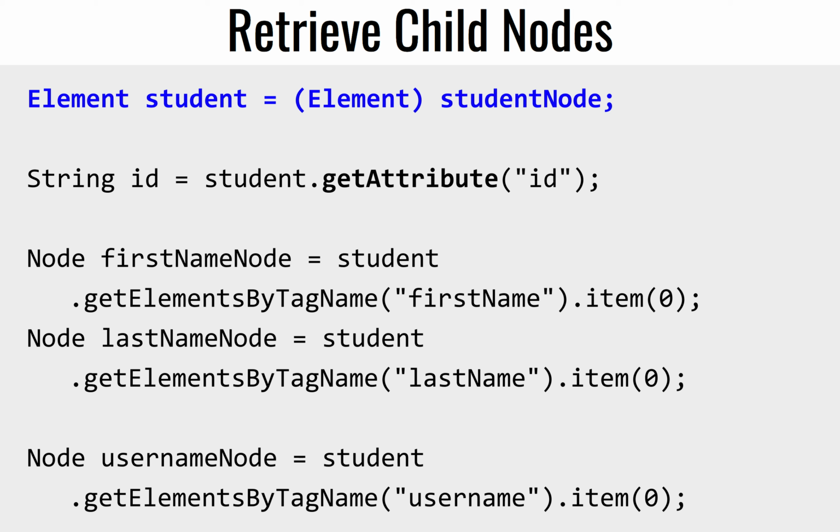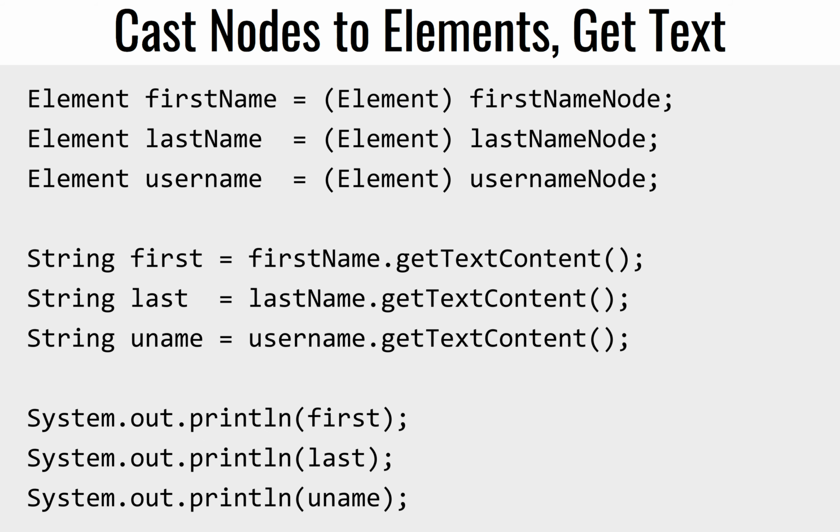We can say, well, from the student, navigate down and find me another node by its name, first name. And this returns a node list of which we're only grabbing the first. See that dot item 0? Also, we're grabbing the last name, and finally we're grabbing the username, and then we're going to print it out.